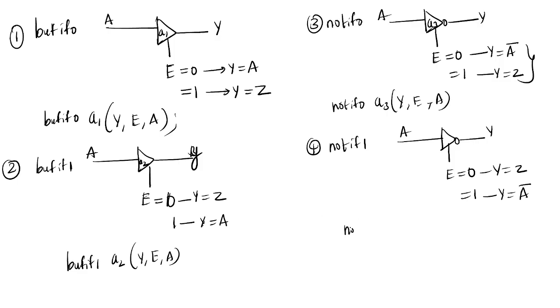So not if 1 A4, this is the instance name A4 Y comma E comma A. Like this, you need to write the gate level modeling for this. Okay, is it fine?